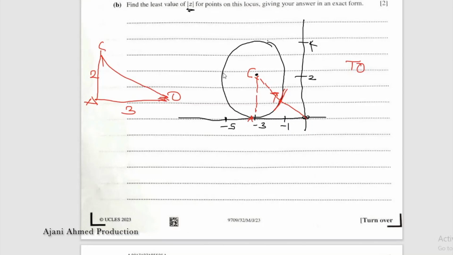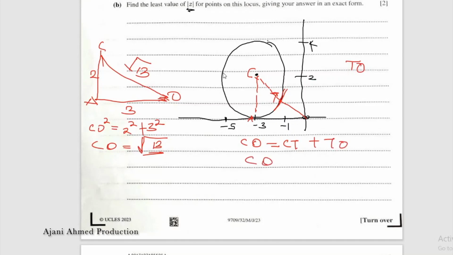What's CO? Pythagoras theorem. CO square will give us 2 square plus 3 square. So CO will give us root 13. If CO is root 13, and I'm looking for TO, from that line of CO, you can see that CO is a combination of CT plus TO.